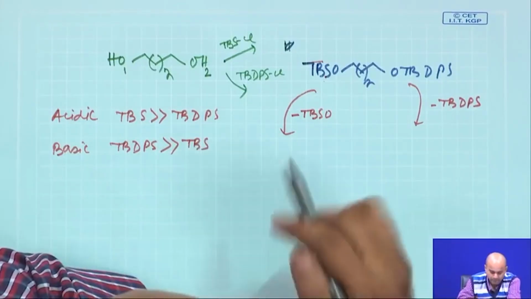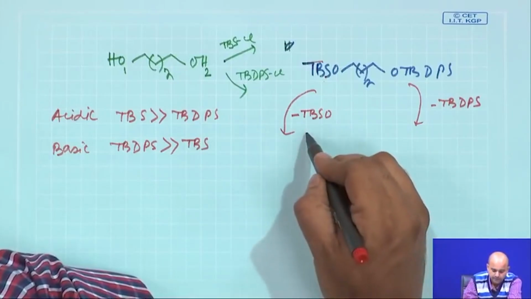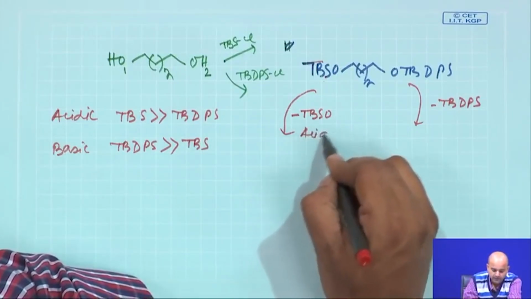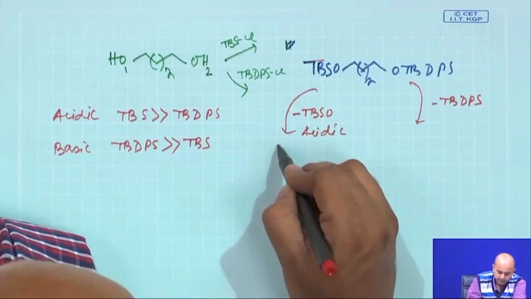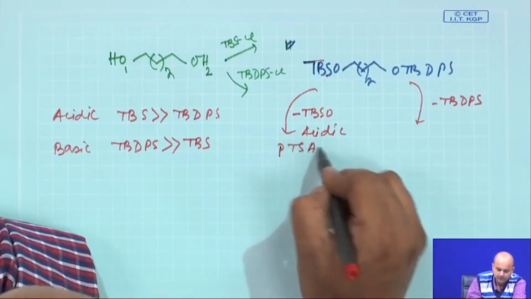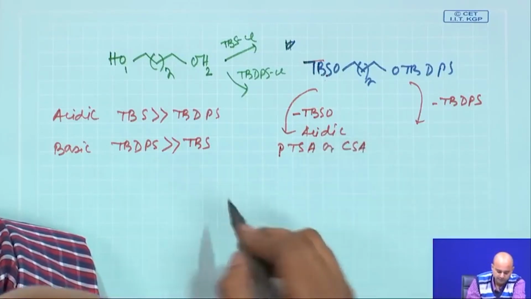So, if you selectively try to remove the TBS, you need to use an acidic condition, and the preferred acidic condition is a simple sulfonic acid, para-toluenesulfonic acid or camphorsulfonic acid.